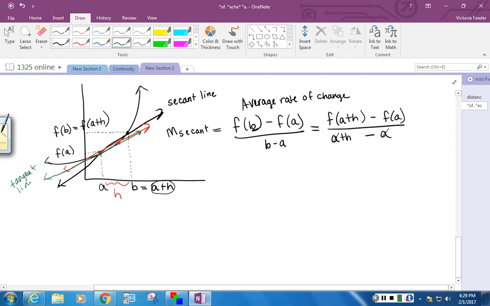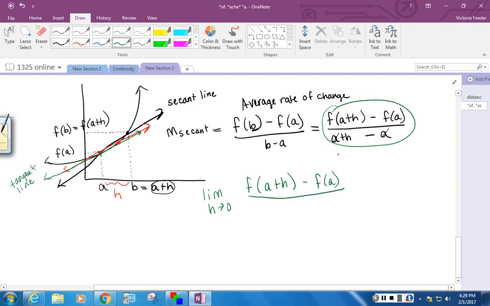I have minimized h. H has gone to 0. That distance has gone to 0. What I have is, I've made h go to 0, or I write it in our terms, the limit as h goes to 0 of f of a plus h minus f of a, and notice those a's canceled out, all over h.